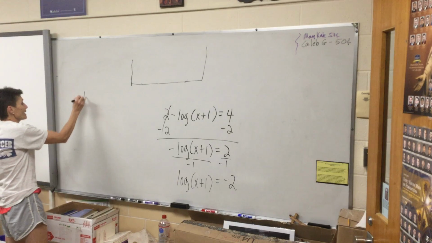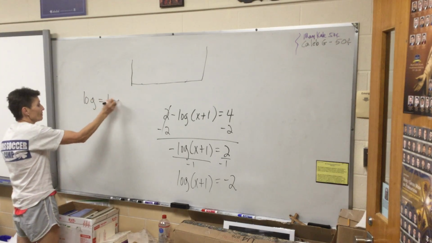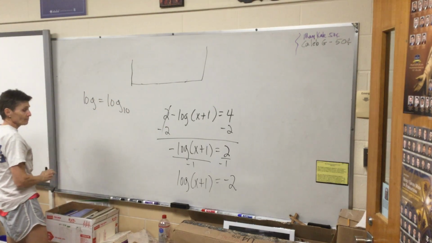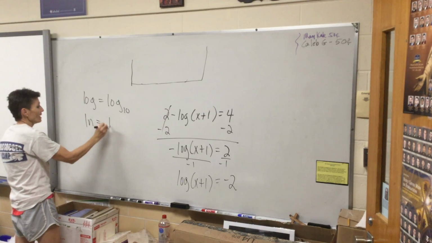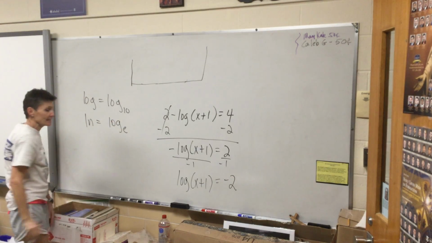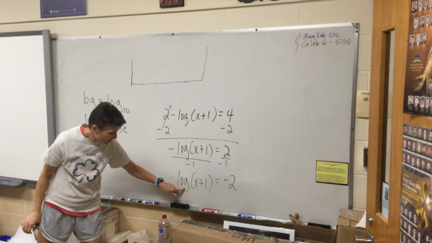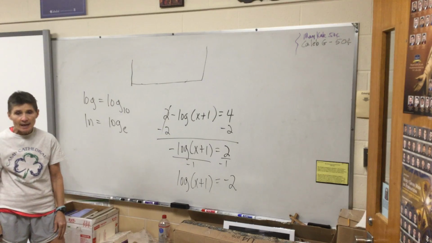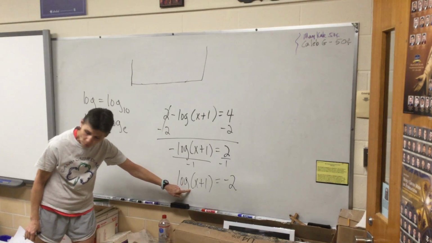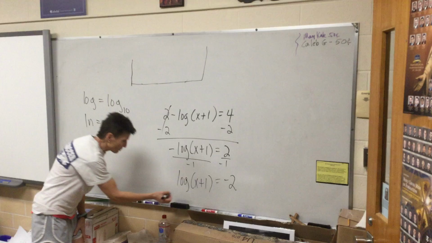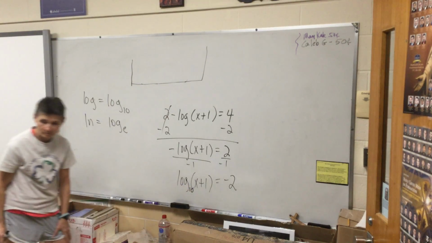If you have LOG, that means base 10. If you have LN, that means base E. So when you have the symbol LOG and there is no number present, then you understand there's a 10 there.